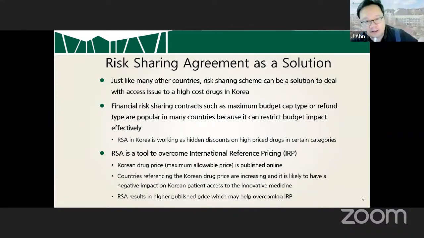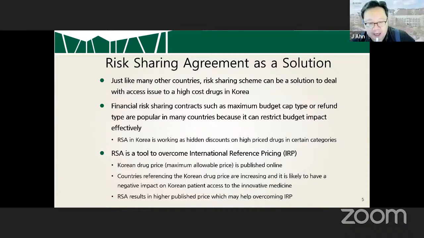So the risk-sharing agreement is popular because it is viewed as a solution for these expensive or innovative drugs. Just like many other countries, it is the solution to overcome international reference pricing. A lot of contracts in risk-sharing agreements in Korea are financial risk sharing, so that there is a nominal price, but actually there is some financial rebate, which is calculated in many different ways.